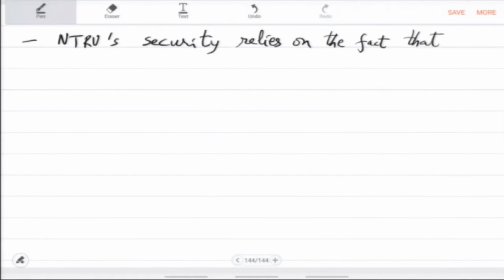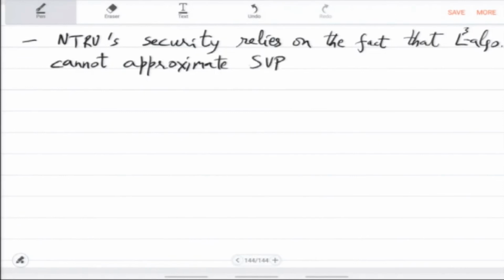So NTRU's security relies on the fact that the L-cube algorithm cannot approximate SVP fast enough for large n.